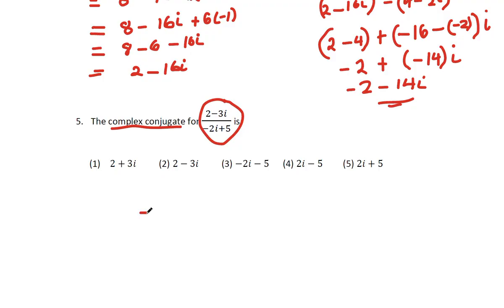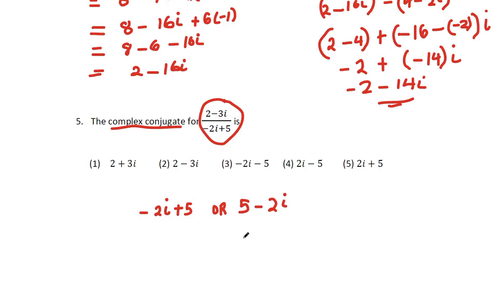The denominator here is negative 2i plus 5. And I could rewrite this as 5 minus 2i, yes? This is appropriately now written in the form where we have the real component first.